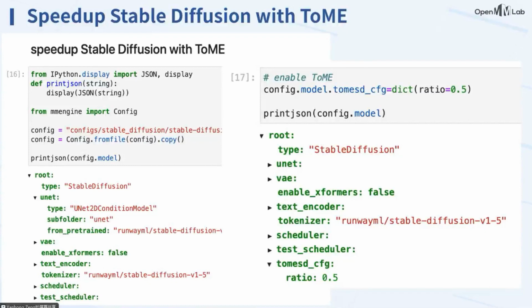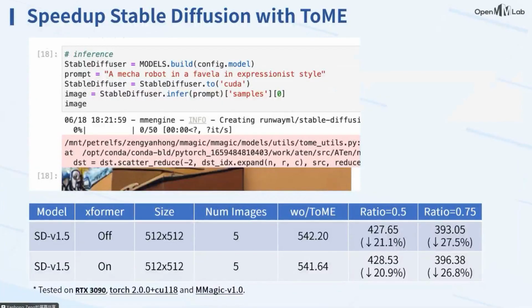So now the Stable Diffusion model is enabled with the ToMe operation. So here, we also need to build the model by MODELS, and then we conduct the inference operation by just putting the model on CUDA and then getting the result.